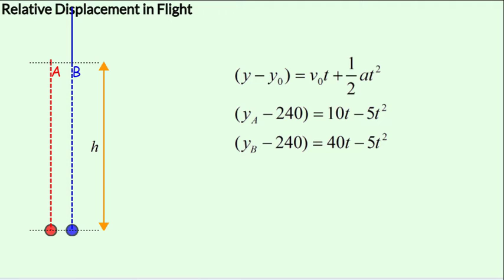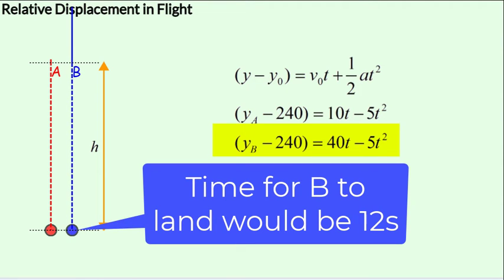If we substitute YB, the final displacement, as 0 in this equation, then we obtain the time as 12 seconds. This means that it takes 12 seconds for ball B to fall to the ground. So ball B takes 4 seconds more than A to fall to the ground.